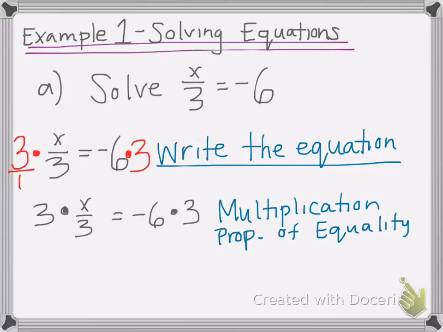Well, now that I do that, let me go ahead and simplify. So, check this out. And I did this intentionally. This 3 and that 3 cancel out, leaving me with an x. Do you see how my x is left by itself? So x equals, well class, what's -6 times 3?